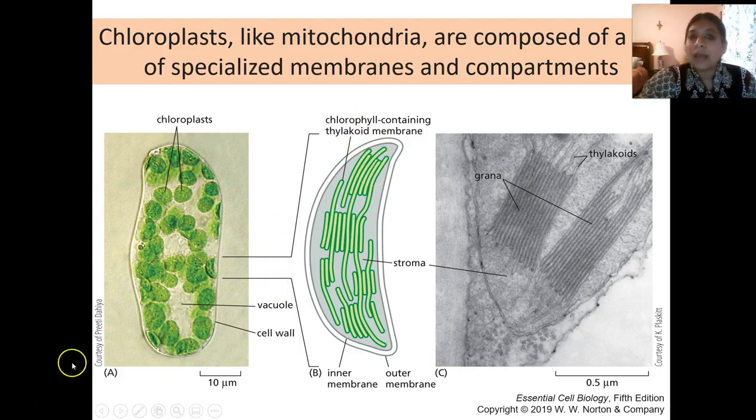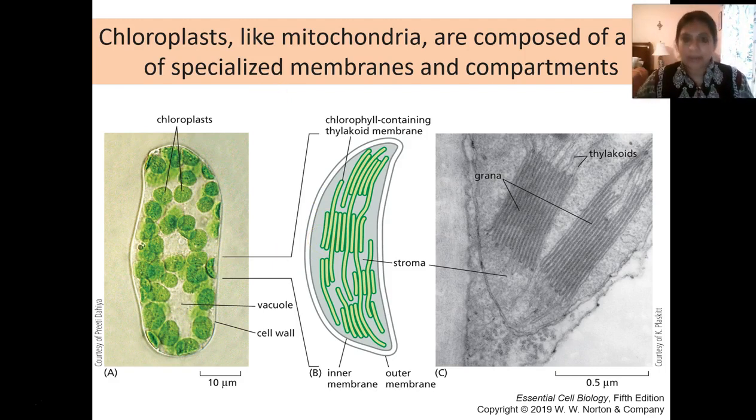So the thylakoid membrane is again wrapped around itself, similar to how you saw the inner membrane in the mitochondria, which created that matrix area. However, this one is kind of folded over on top of each other to create these flattened stacks.